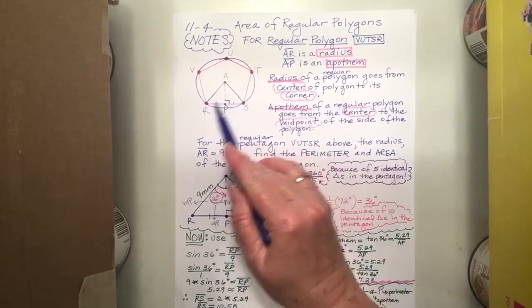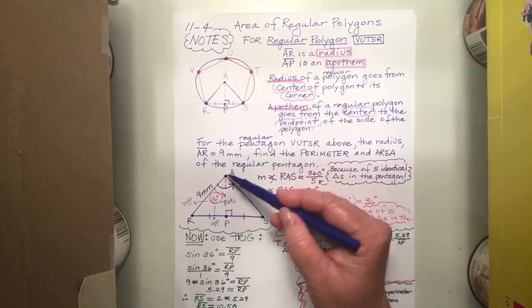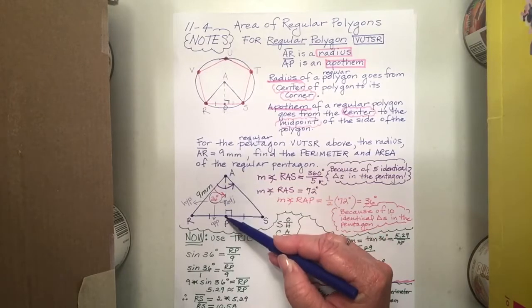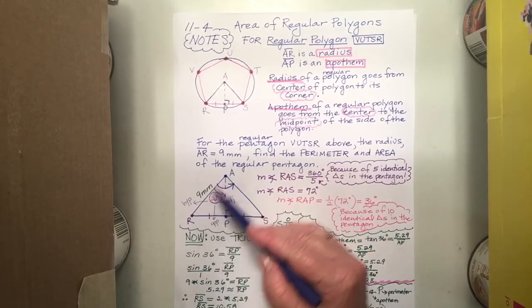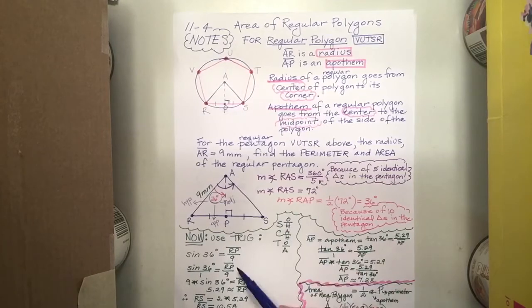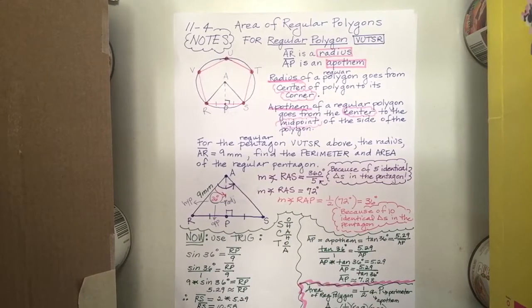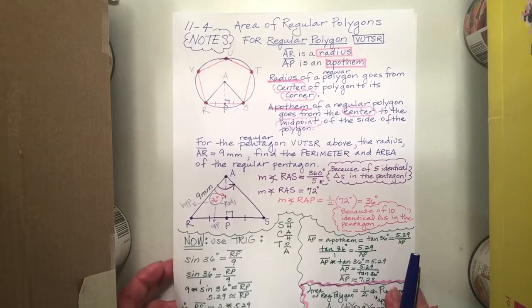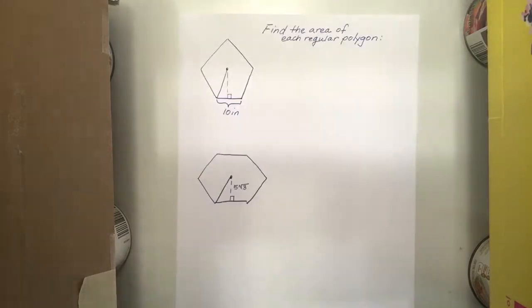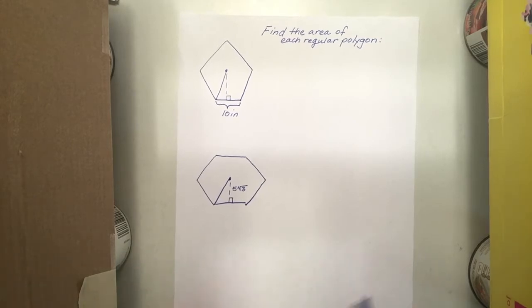So you pull the tiny triangle out, you find that apothem, and you find that radius, and you move on to use trigonometry. These problems are going to take everything that we've talked about and use that in order to solve. All right, these are my two example problems.